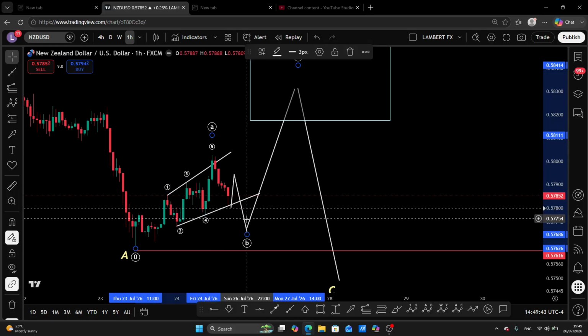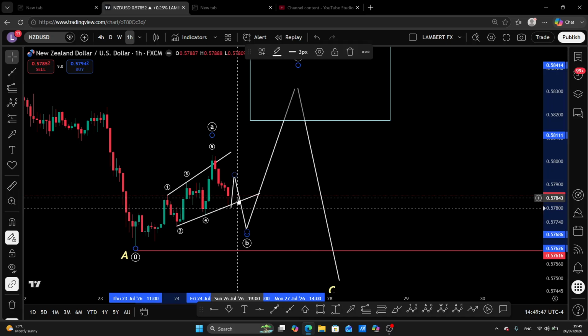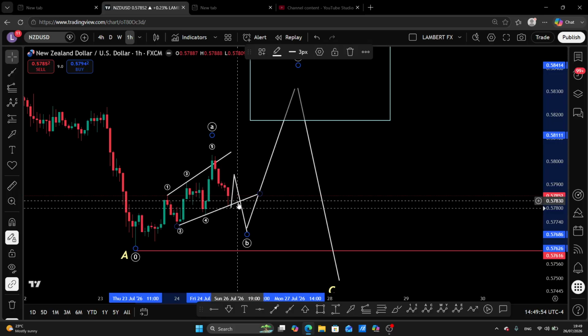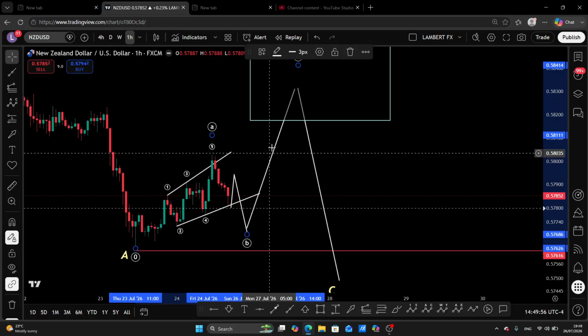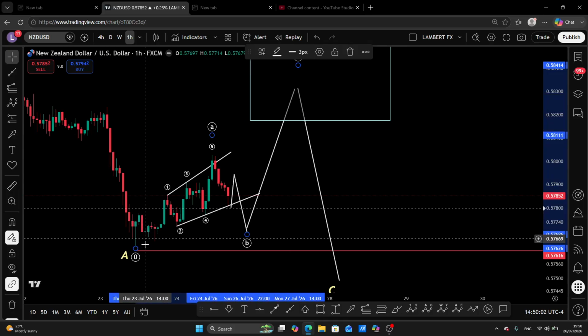And then we need a correction for B. This correction for B can be any pattern: a flat, a zigzag, or a triangle. And then we get the final leg, a C leg, to complete the 5, 3, and then we need another 5 leg down.